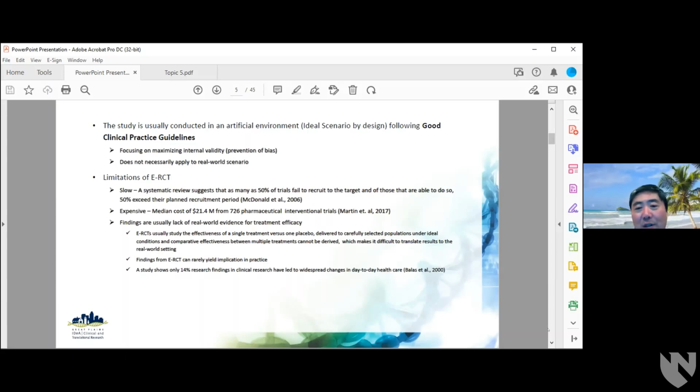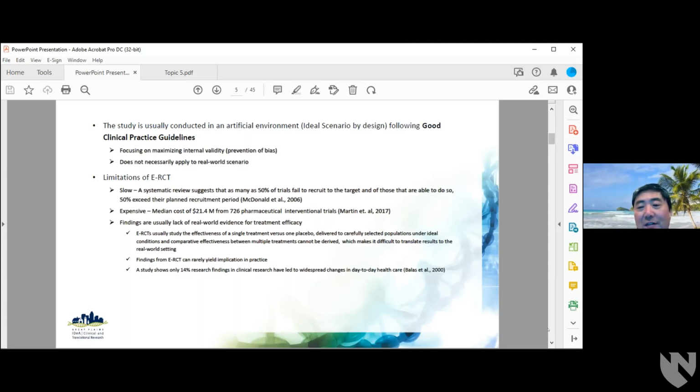So the purpose of this eRCT is, for sure, proof of concept. In other words, this trial focuses on maximizing internal validity, mainly to prevent biased inference from the data, all right?